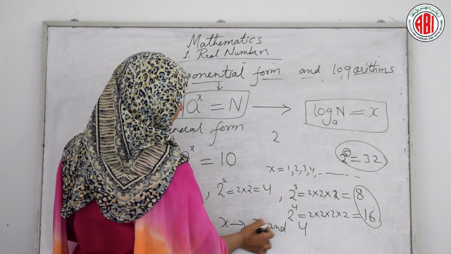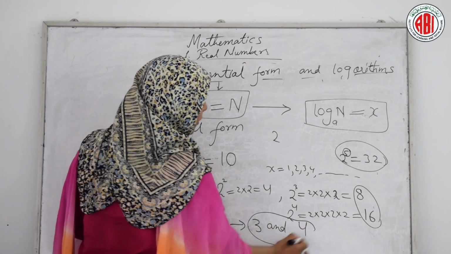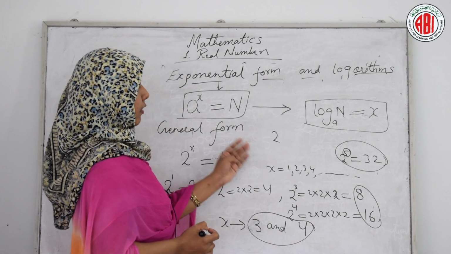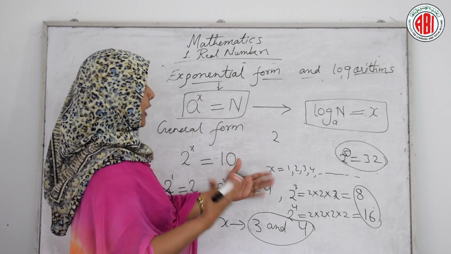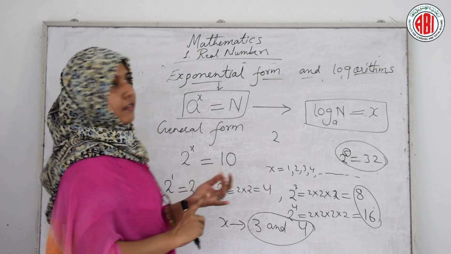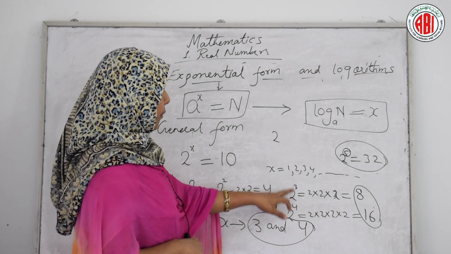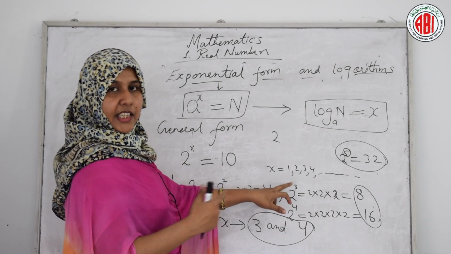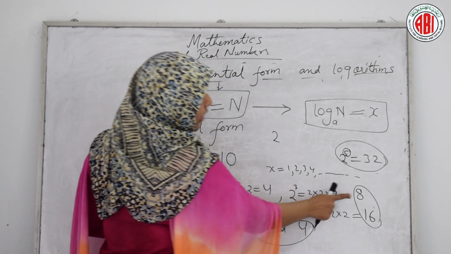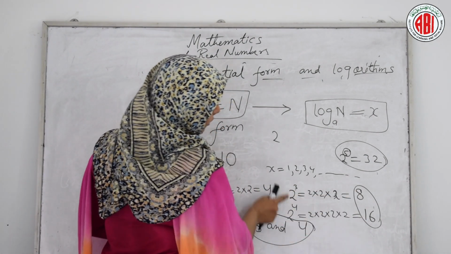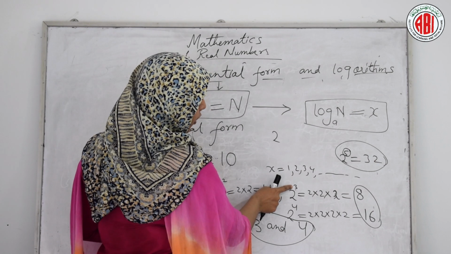Okay, after using this we can see that the value of x is not an exact, is not a natural number. It can be some rational or irrational number. So it can lie between 3 and 4 only. Why 3 and 4? Because 10 lies between 8 and 16. After using 3 we are not getting 10.